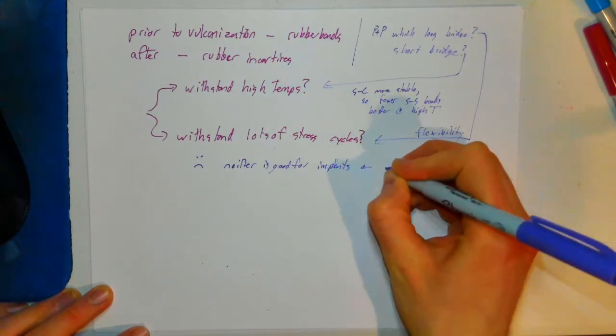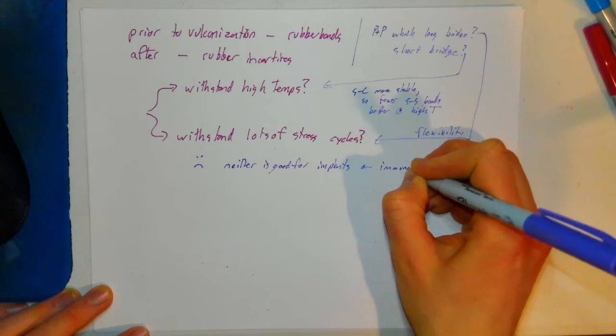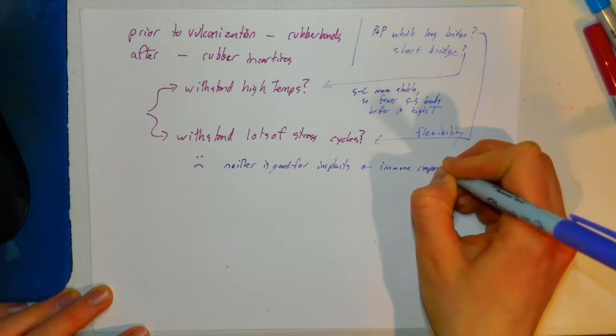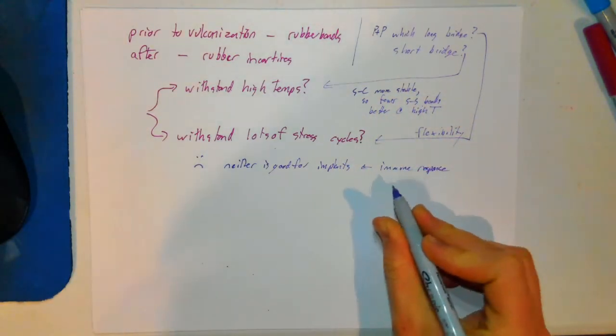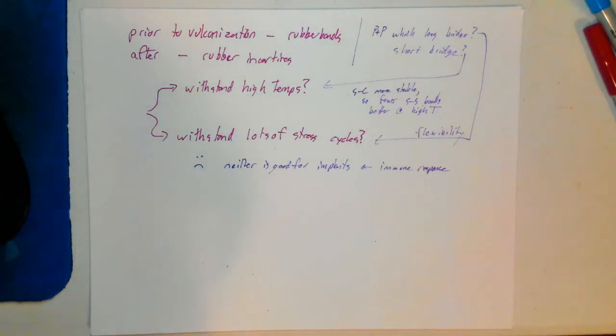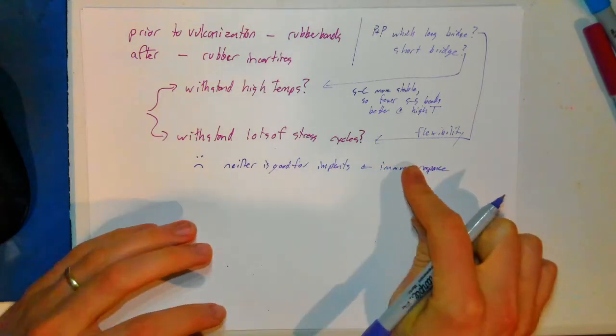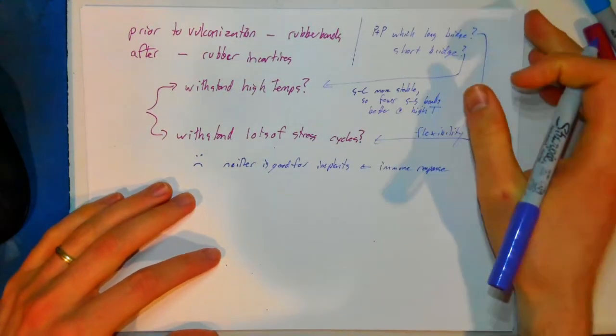And that's primarily due to the immune response. And later in this class, we'll get into the details of exactly what makes certain materials good or bad in terms of eliciting inflammation and the immune response.